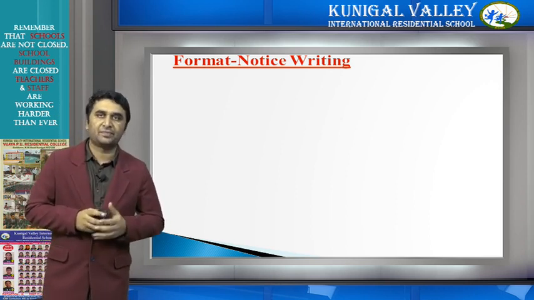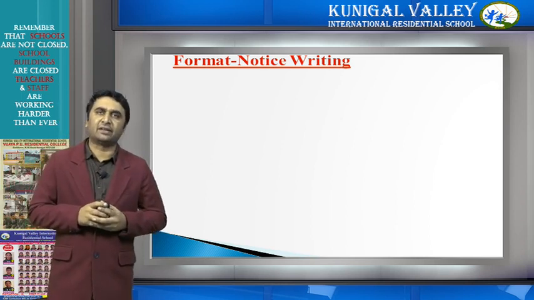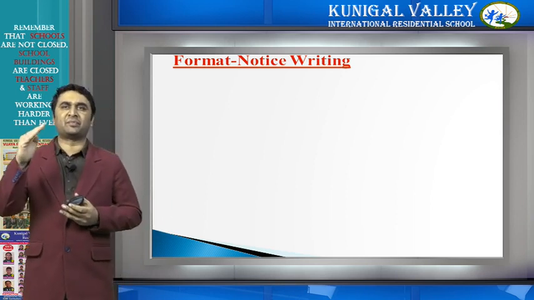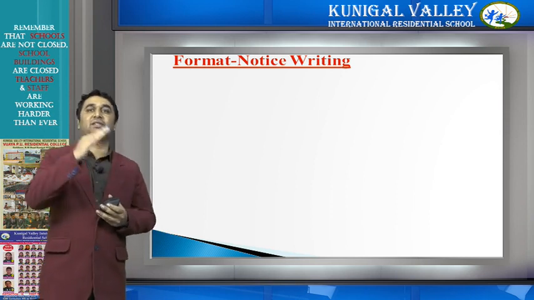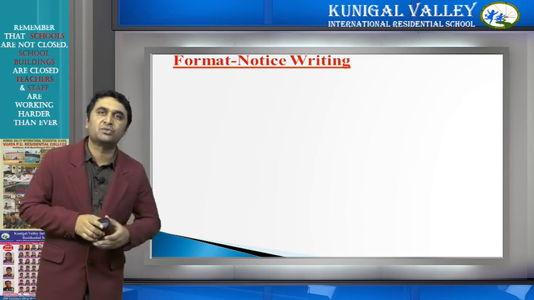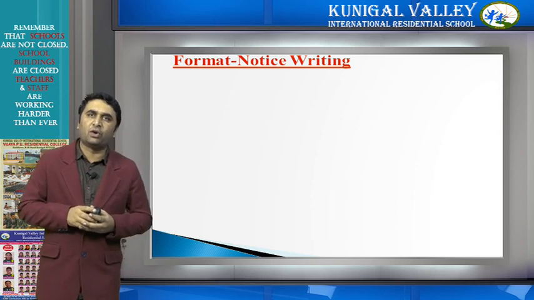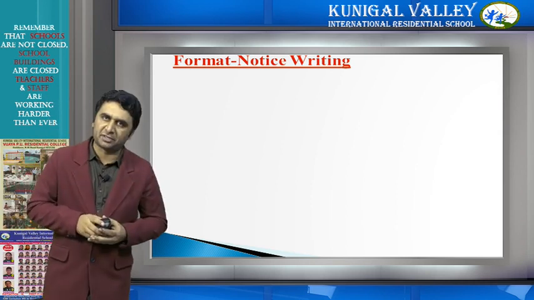After introducing notice writing and email writing, I think the score has gradually increased from 70 to 75, 75 to 78. And there are some students who have even scored 78 as well. That was possible because of the introduction of these two topics.